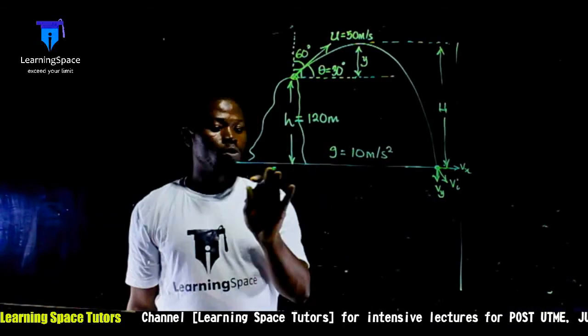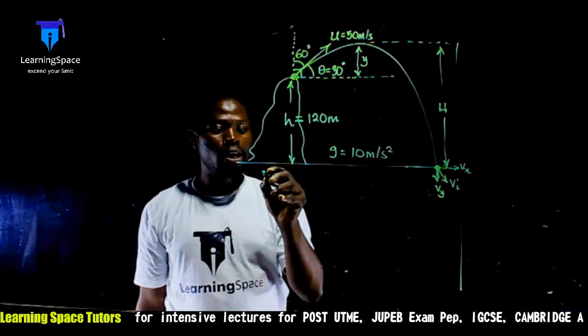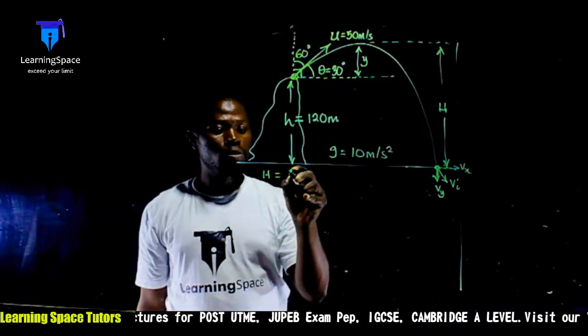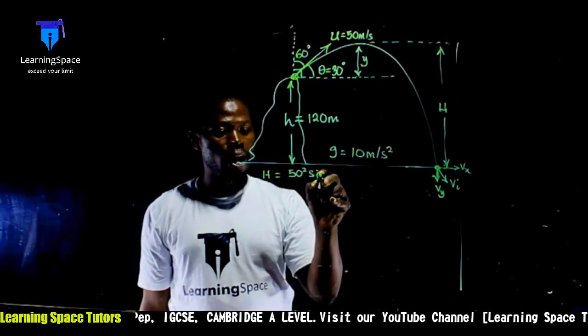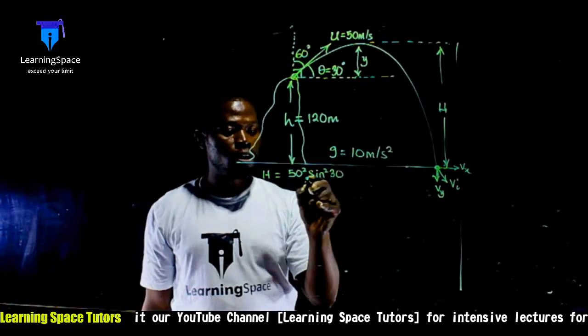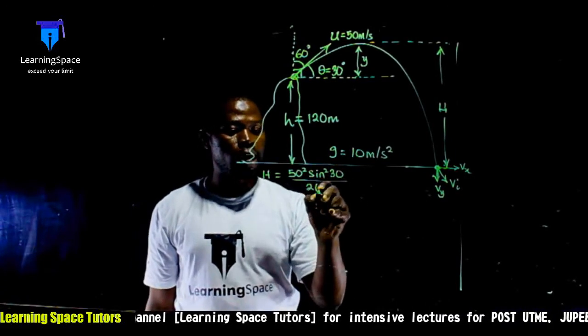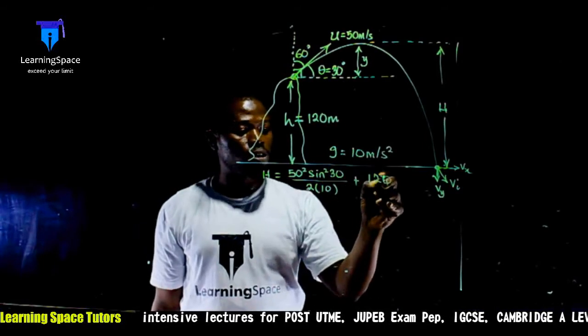So we are going to have our maximum height above the ground to be 50 squared sine squared 30 all divided by 2 times 10, plus 120.